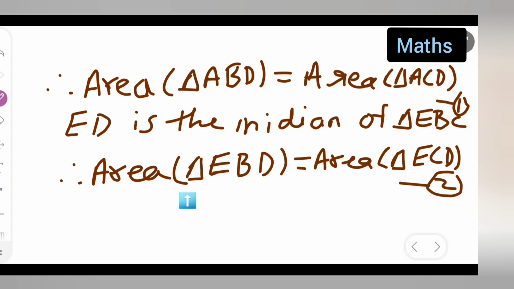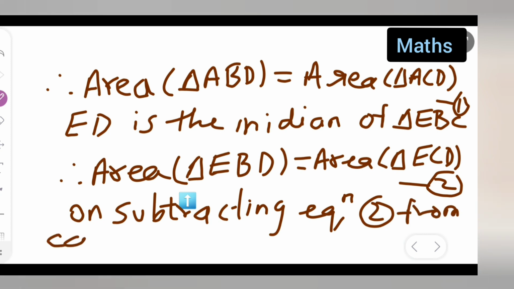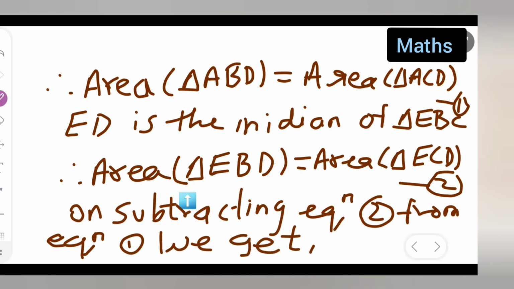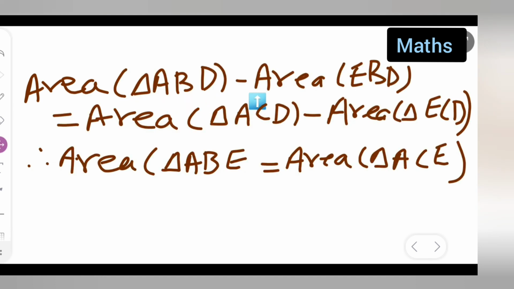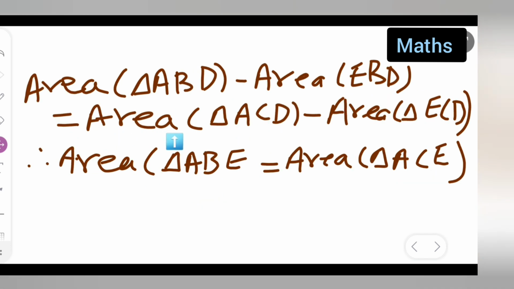Now what you will do is, write down, on subtracting equation 2 from equation 1, we get: on the left hand side you have to subtract the area EBD from area ABD, from equation 1, area ABD minus area EBD is equal to area ACD minus area ECD on the right hand side.